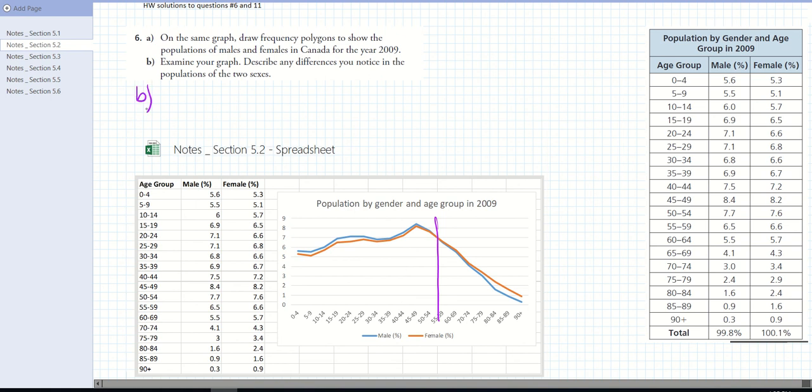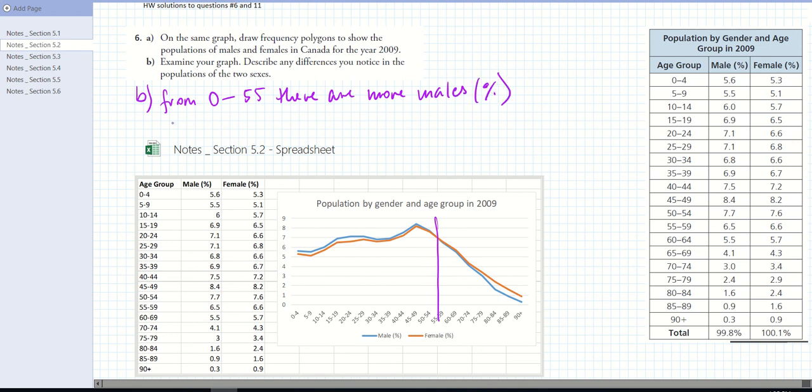So for part B, you can say from, let's say, 0 to 55, there are more males. This is in percent.